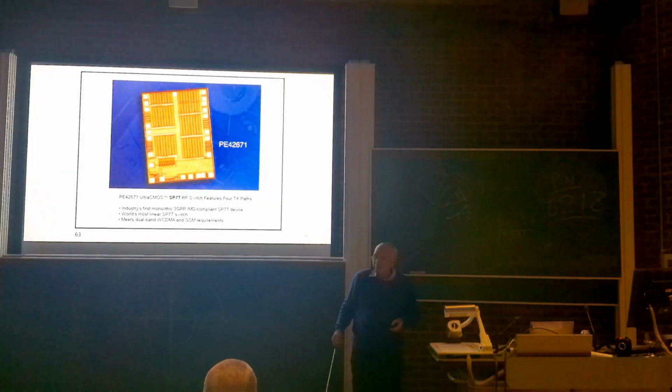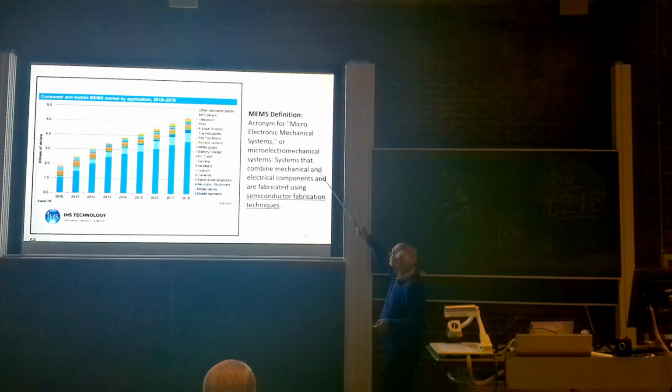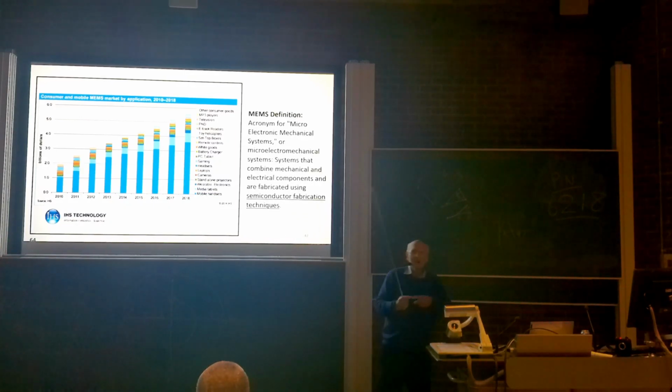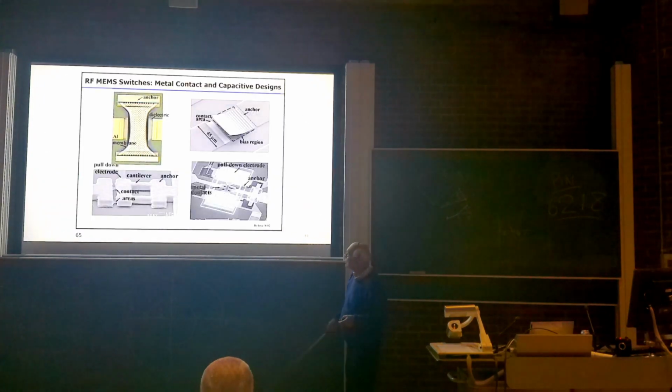Well, there is something mechanical about it. It's what's called MEMS, microelectronic mechanical systems, or microelectronic systems that combine mechanical and electrical components and are fabricated using semiconductor fabrication techniques. So these can go onto some place on the silicon itself, and they can use the switches.